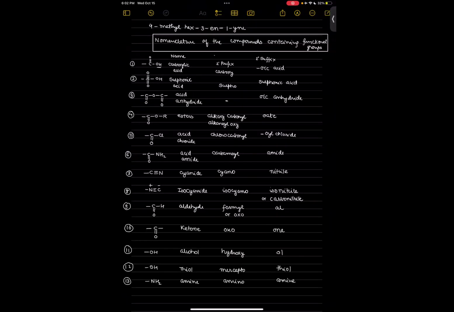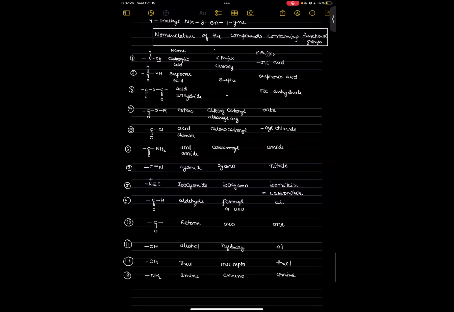Yes, you can take a screenshot of this. Is it clear? And this is also the decreasing priority order. Clear? Yes, sir.